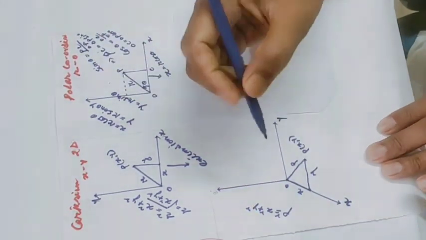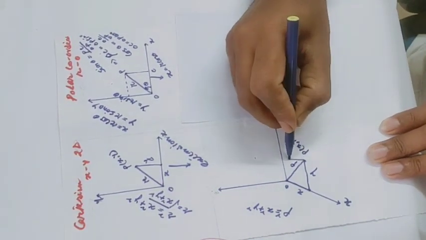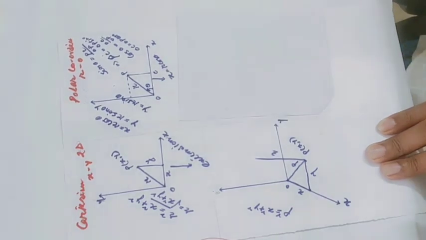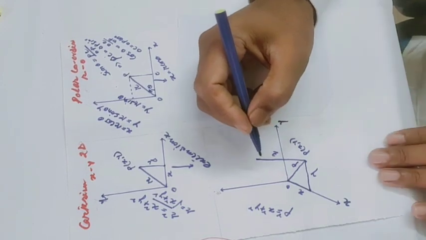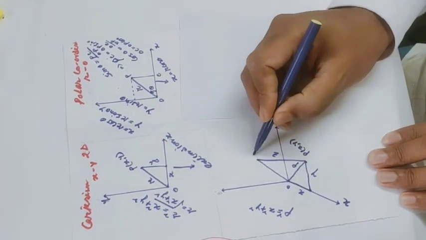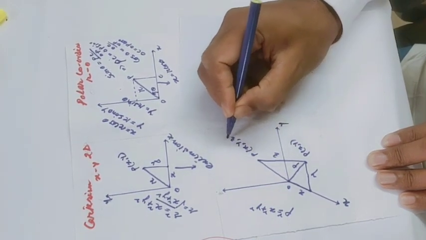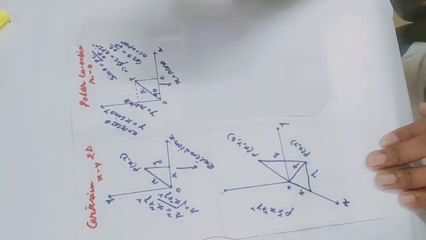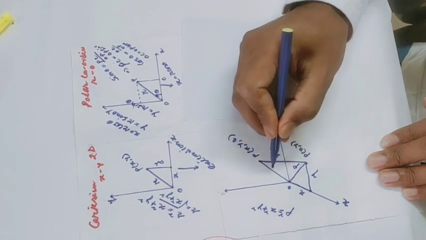So to represent a point here, you need to draw a perpendicular to the z-axis, and most of the time we call it a projection. Now this point P is x, y, z. You are considering the z-axis also. Here it was only the xy plane, now you have considered the z-axis. This is again perpendicular, this is again rho, so this is the hypotenuse.